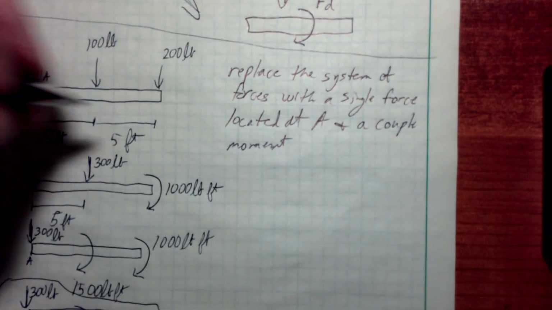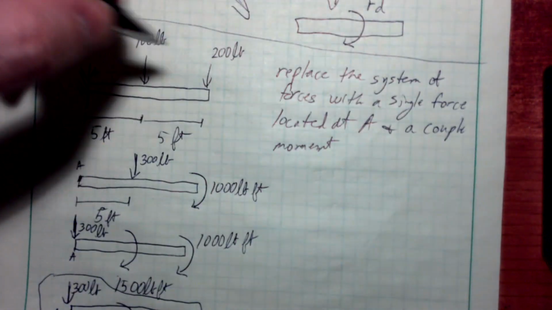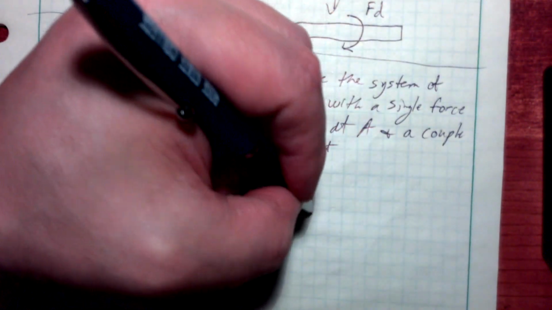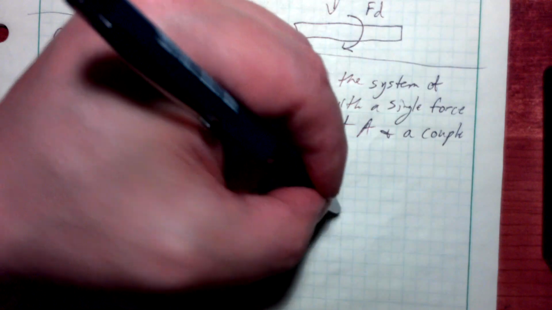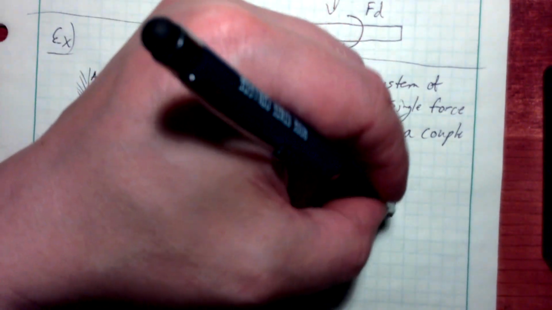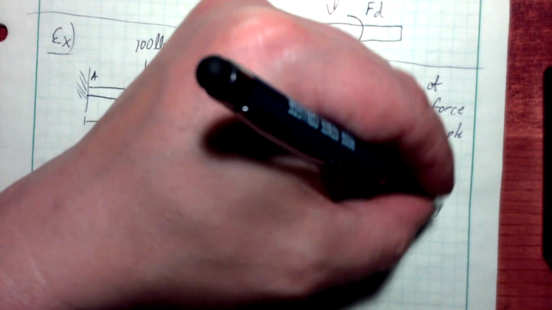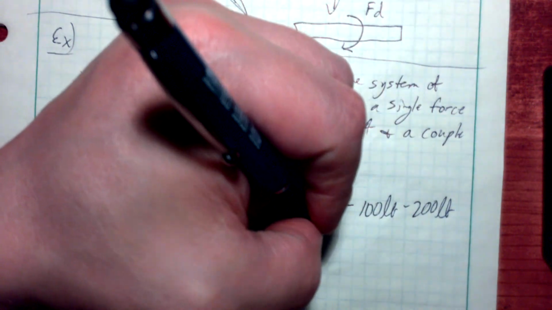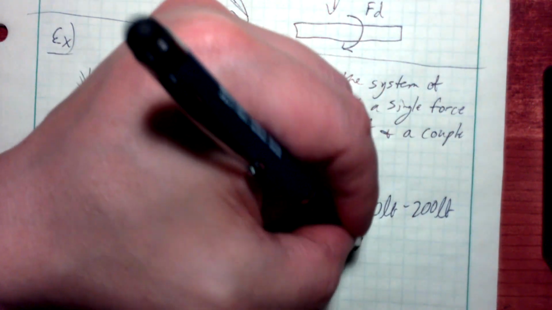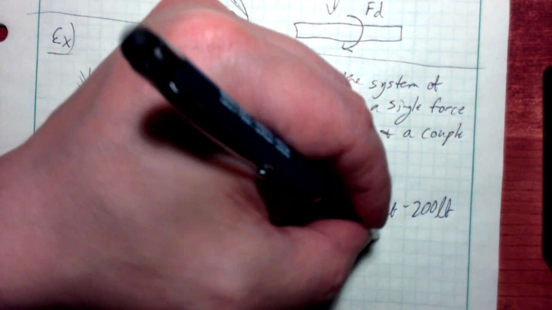You can also do it this way. You can say, you know what, let's take this thing and let's do sum of forces in the y direction. That is minus 100 pounds, minus 200 pounds, for a net result of minus 300 pounds.